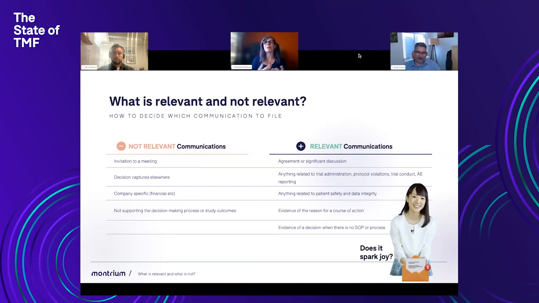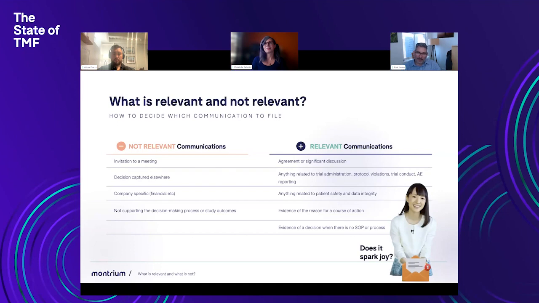To be fast, it can be easy to write an email, but if you want to tell a better story and be more detailed and express all the root cause analysis, the actions that were taken and all the steps of the process, write an official memo, and it will be even easier, in my opinion, to file it in the right place in the TMF. Yeah, exactly. So whenever it's possible, try to avoid it. Obviously they are there, so we can use them, but if possible, try to avoid abusing them.